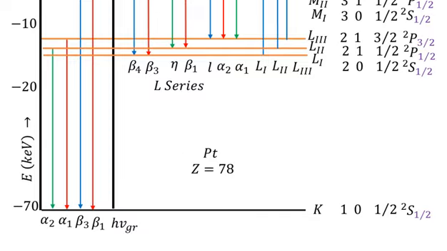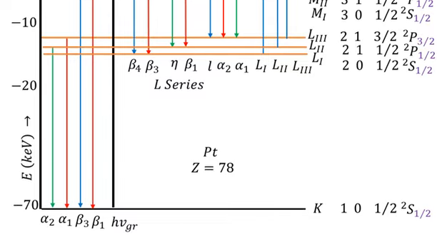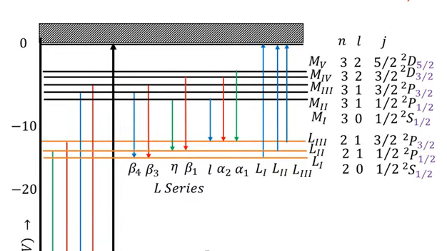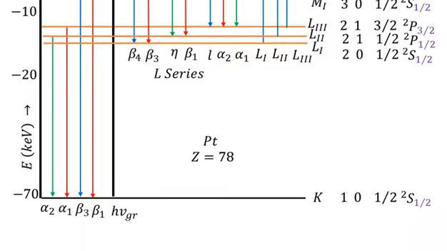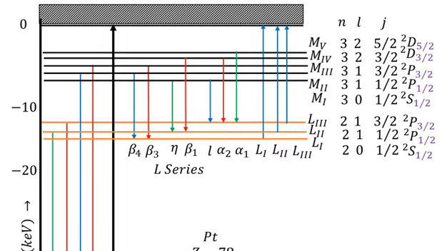So if you provide this much energy to an electron in the K shell, the electron will be removed into the continuum region. That is, the electron will be ionized, and that energy will be equal to H nu ground. And this energy will be equal to the K edge of the series.